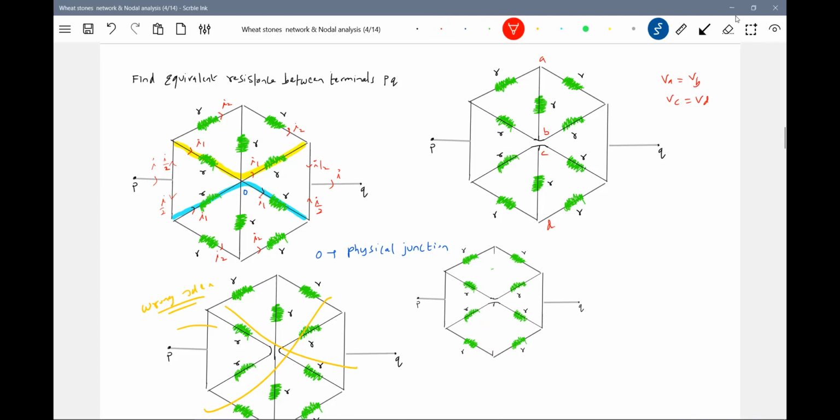This will become A, B, C, and D. Now the circuit is a little bit simpler. These two resistors are in series, and these two resistors are in series. So two are parallel to each other.